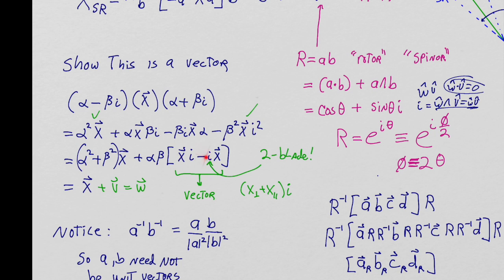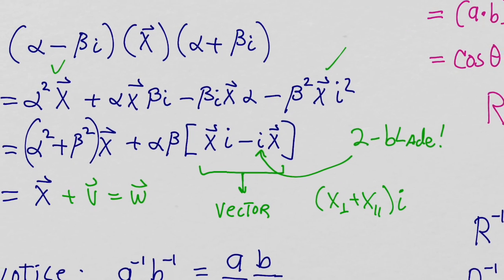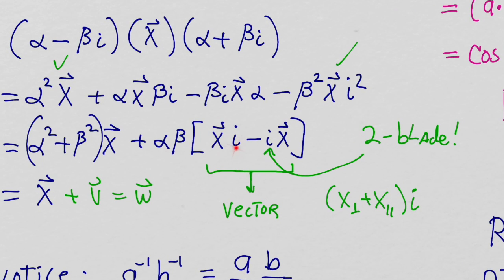And now, if you look at this part, all we want to do right now is just show that it's a vector. Well, this piece here is a vector times a bivector. So normally a vector times a bivector is going to have a vector part and a trivector part.